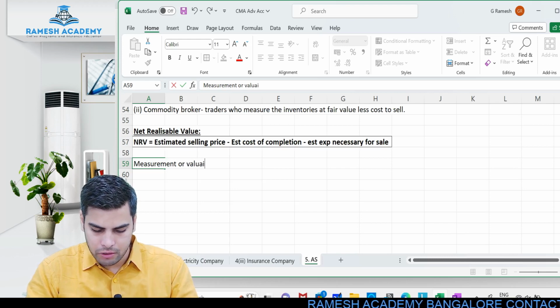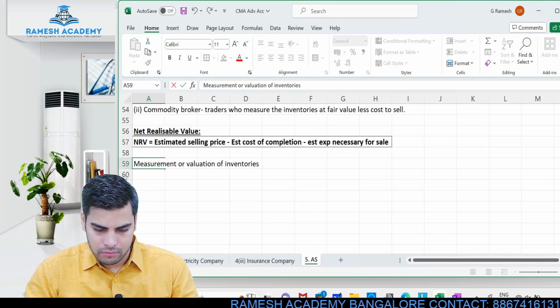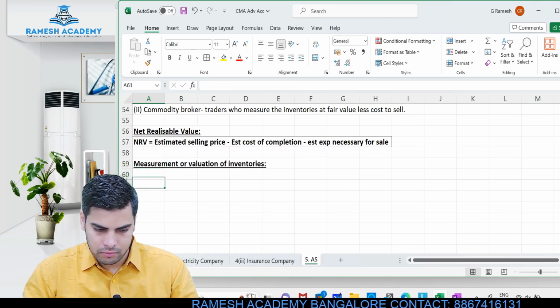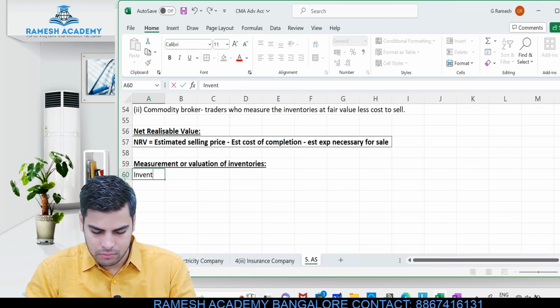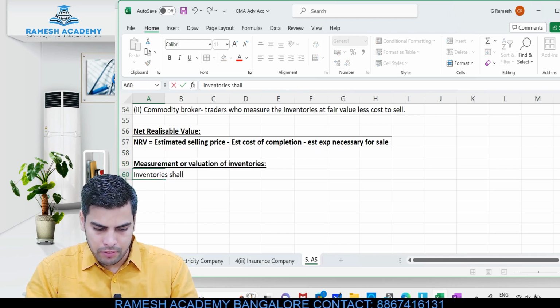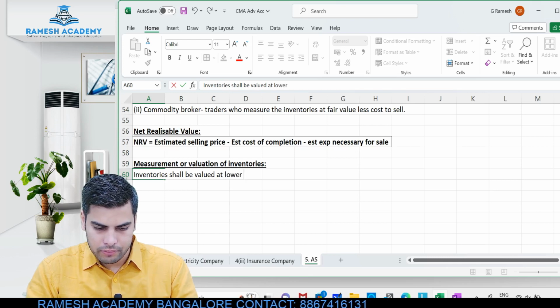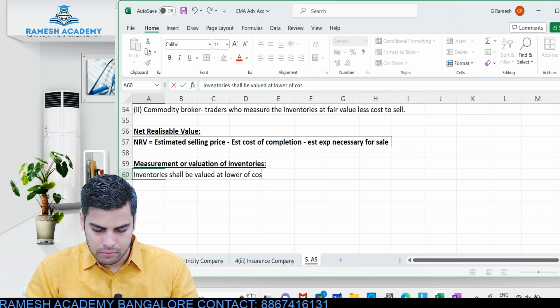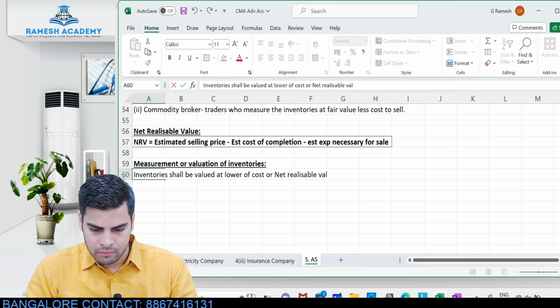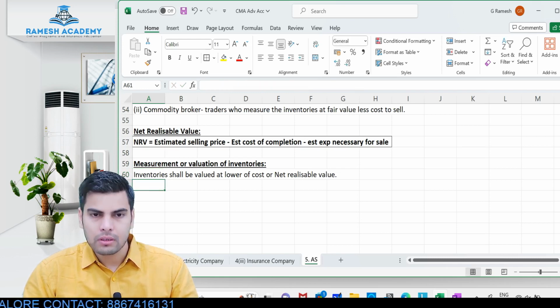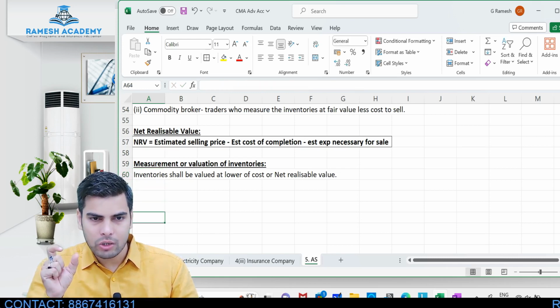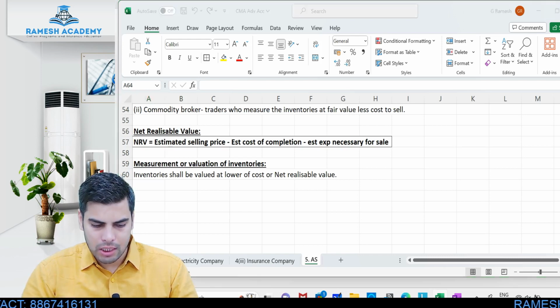Measurement or valuation of inventory: inventory shall be valued at the lower of cost or net realizable value. Clear? So inventory will be valued either at cost or net realizable value, whichever is lower.